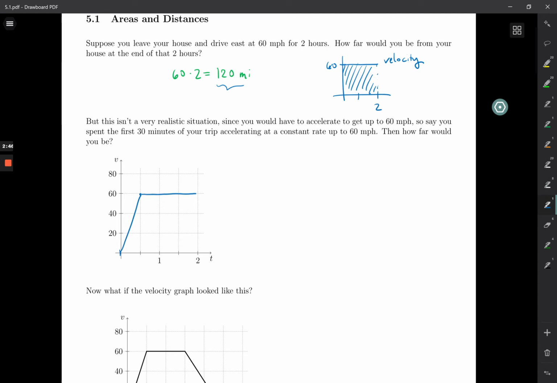And then we can also ask how far away you would be at the end of 2 hours. And the same idea applies. So we can actually just compute the area underneath this curve, and it would give you the distance traveled. Okay, so the best way of doing this, see, I've shaded in this triangle.